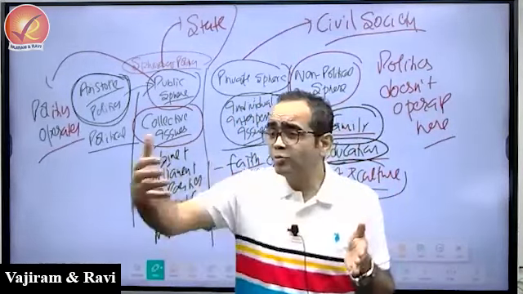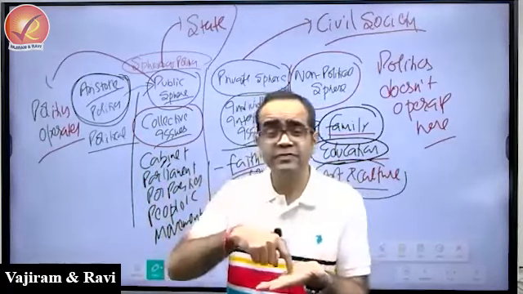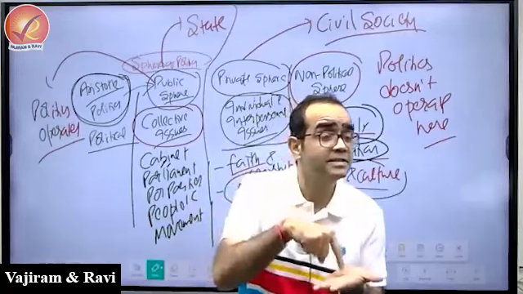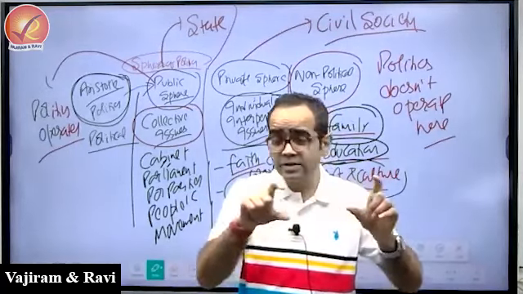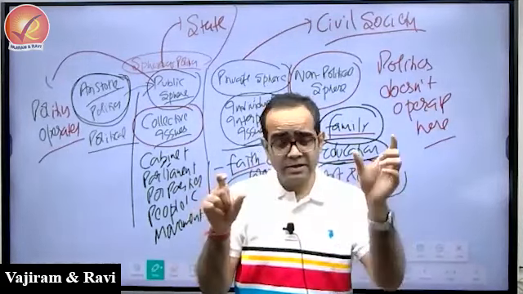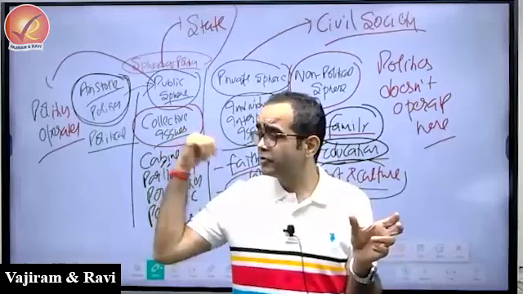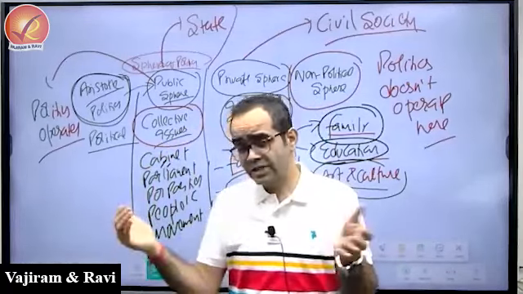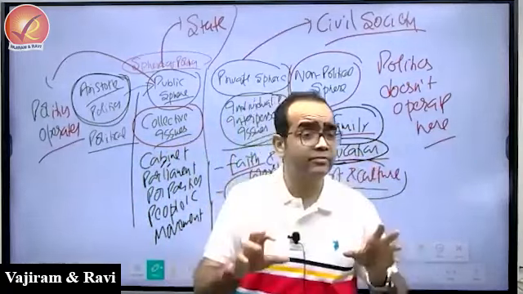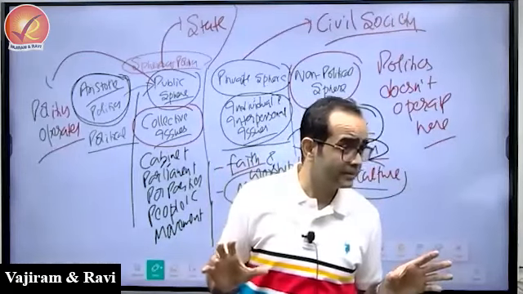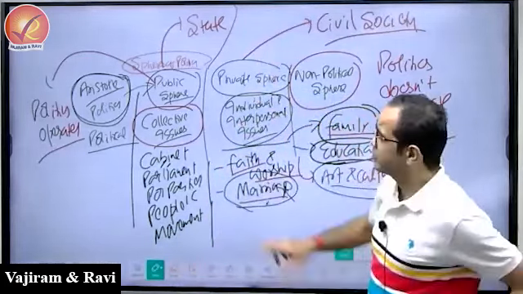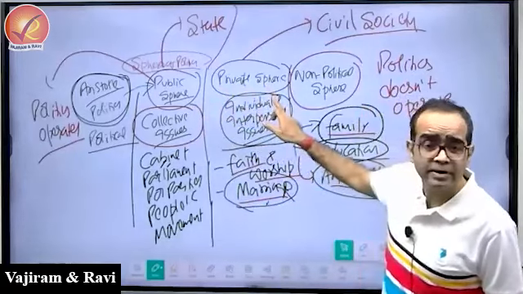So whom you want to be a partner, who's interfering in that? Even the state is interfering. Hindu personal laws are reformed by the state. Muslim personal laws are also reformed by the state. The state also interferes in your family affairs. Personal is political. So this is the difference between spheres of politics, public sphere as well as private sphere.